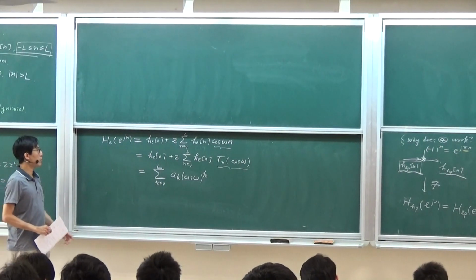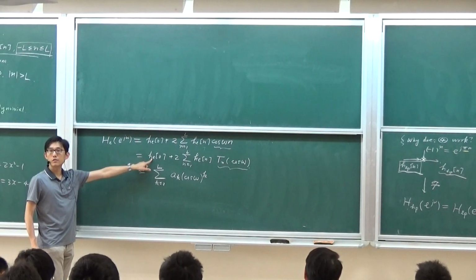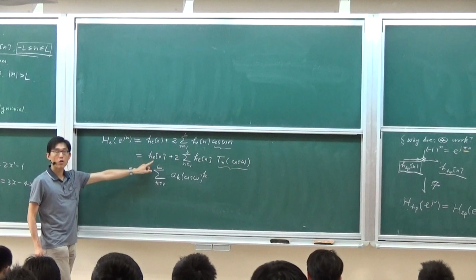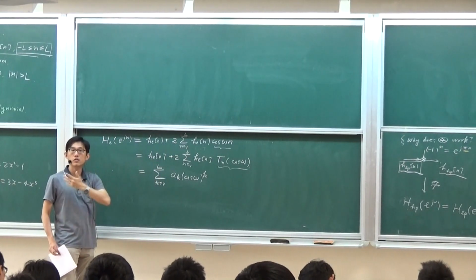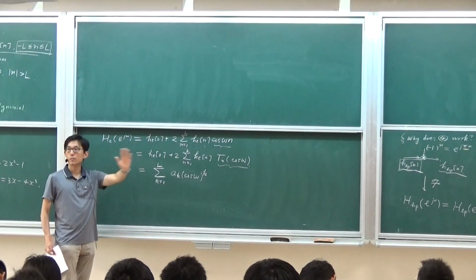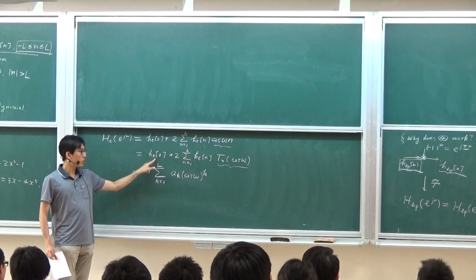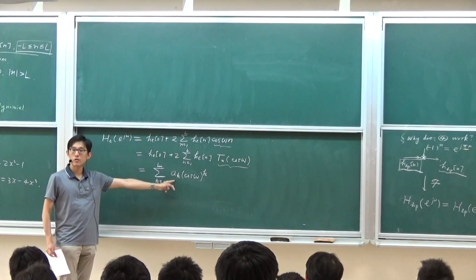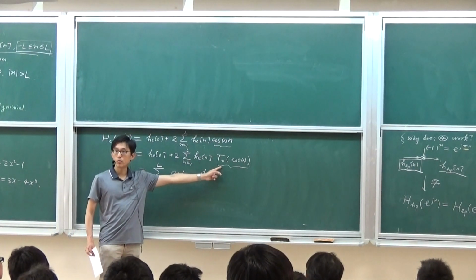So that is to say, if we are given the samples H0, H1, H2, all the way to HL, the negative time has an even symmetry to the positive side. If we're given all the samples, then we can calculate the coefficients right here by expanding the Chebyshev polynomials. In principle, we can do that.